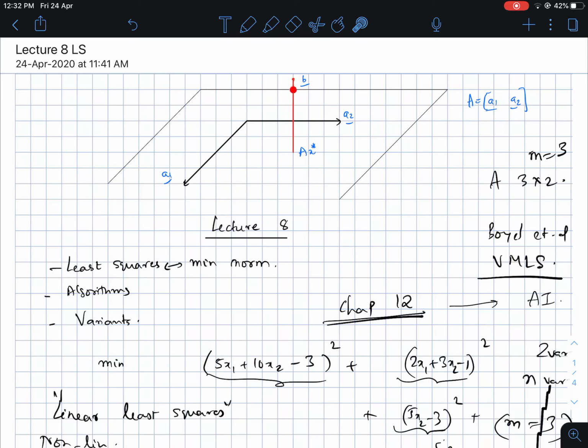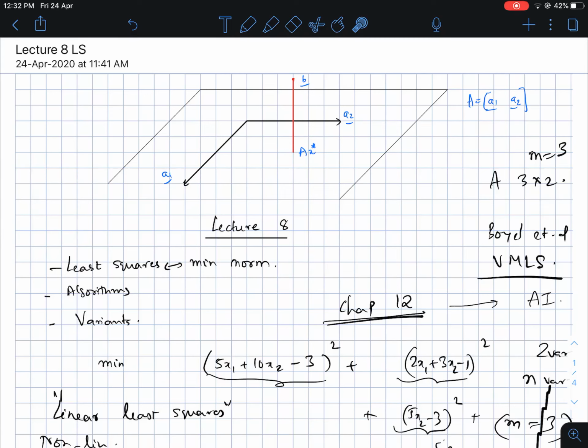What I will do is simply drop a perpendicular from b onto this plane, and look at where that perpendicular intersects the plane. That is going to be the point on the plane that is closest to b. That's the fundamental idea. And this is going to be my x star. So Ax star is the point on the plane that is closest to b.